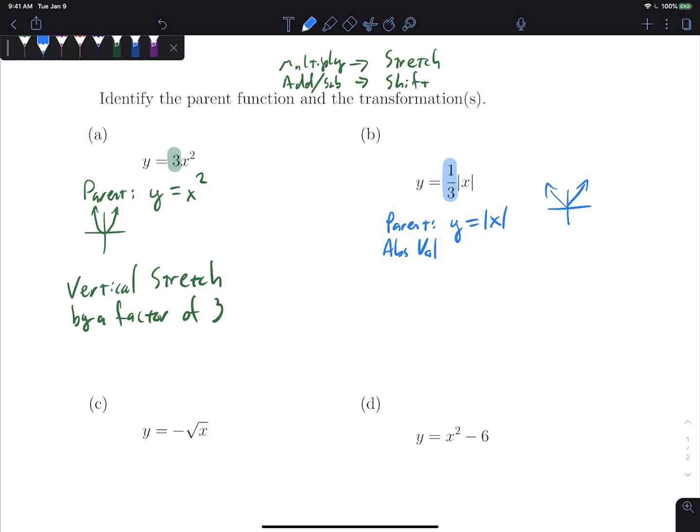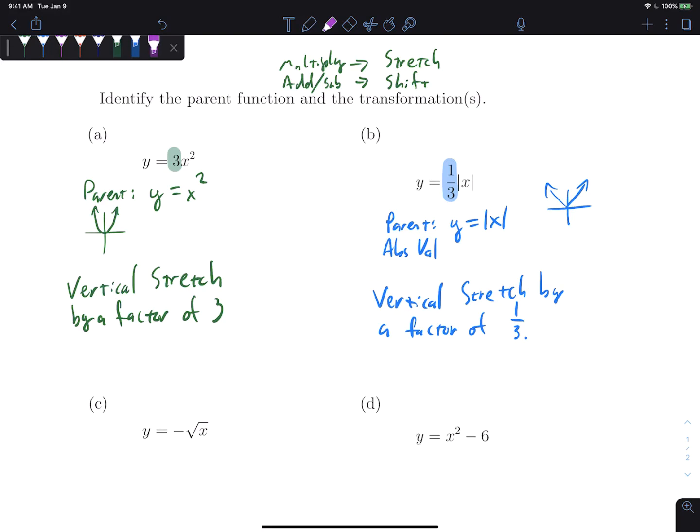That 1/3 is on the outside of the absolute value, so it's going to be vertical. It's also going to be a stretch because it's multiplying by the absolute value, so it's a vertical stretch by a factor of 1/3. And that's pretty much it there.